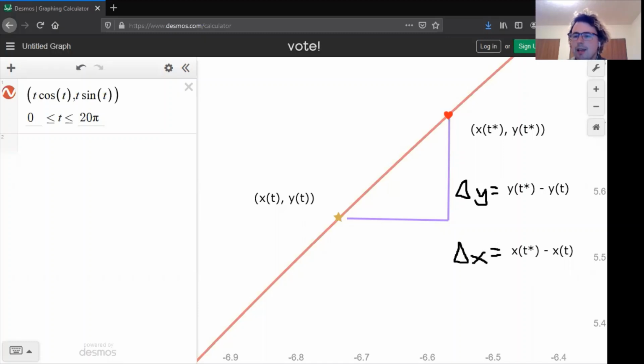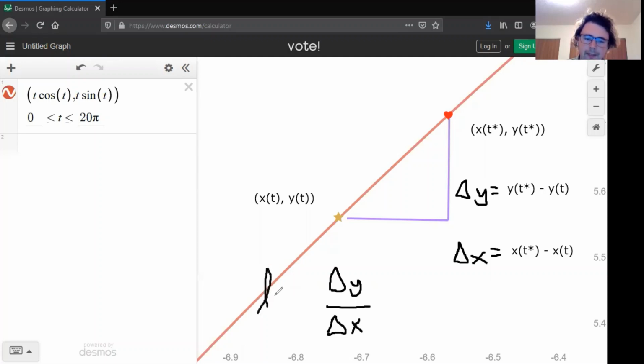Very well. So this should approximate the slope that I want. What am I going to do? I'm going to divide these things. Delta y divided by delta x, because of course I want rise divided by run. But this is only an approximation. What I would like is the actual value for this slope, for this instantaneous rate of change.